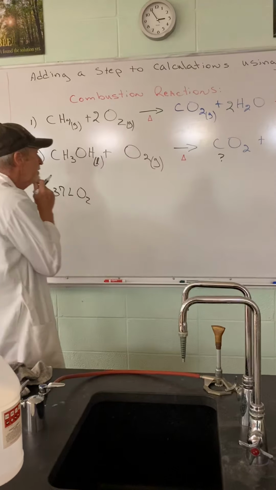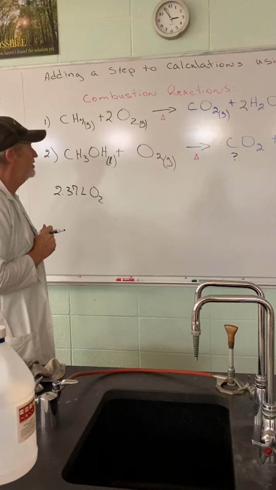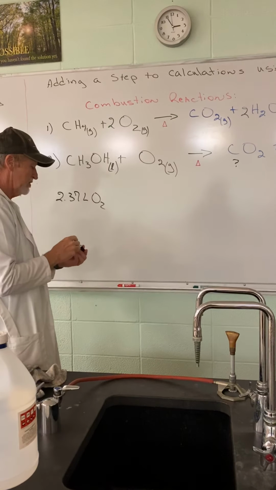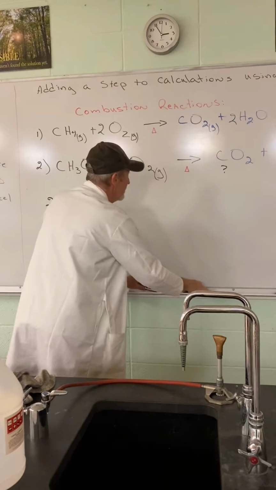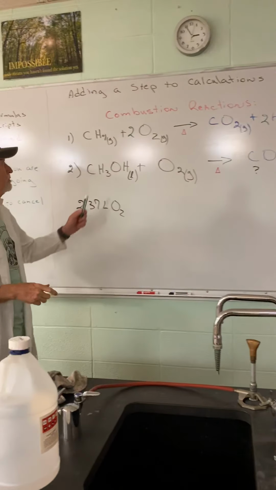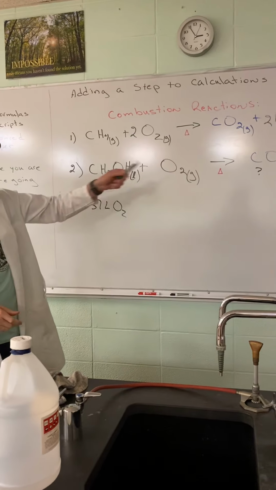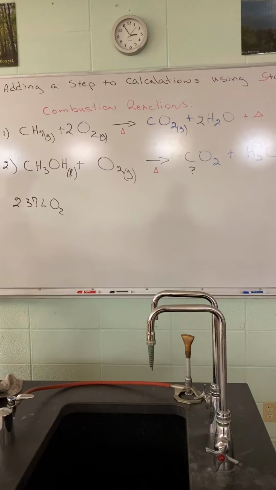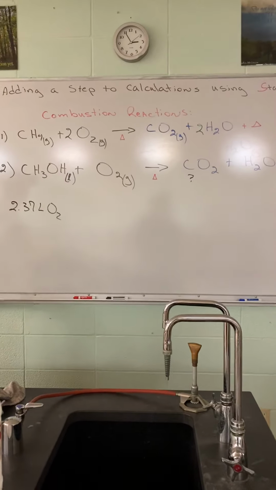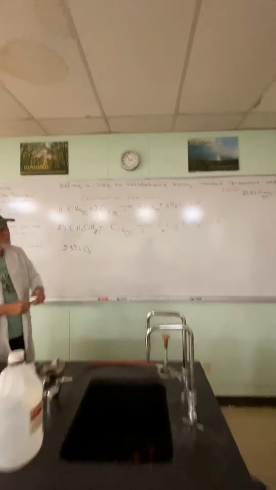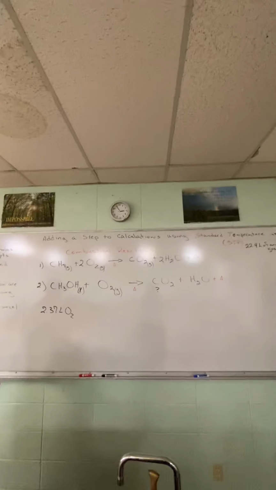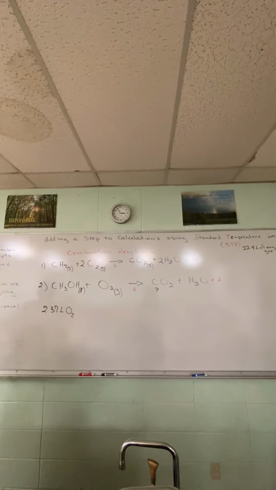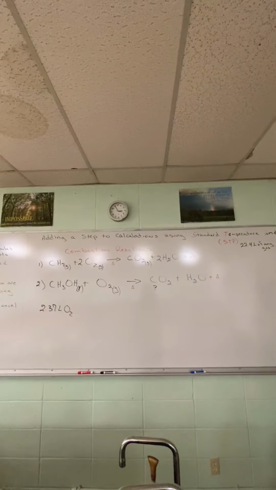But there's something we're missing though. We haven't balanced our equation yet. So let's take a moment and do that. We have one carbon, that looks good. We have 4 hydrogens and 2 hydrogens. That won't work. Let me go ahead and get a light on, make it a little easier to see.